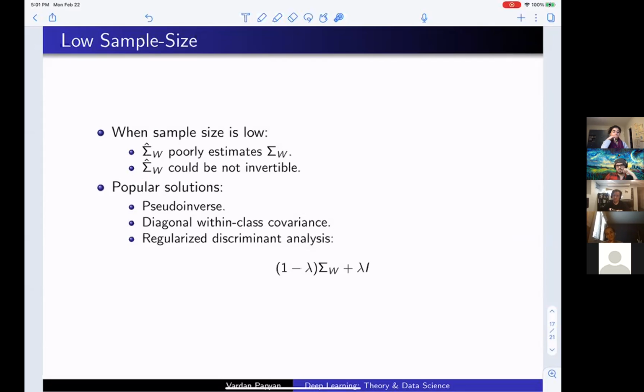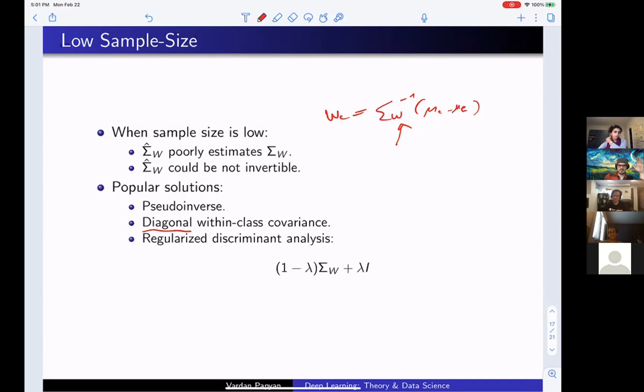So what people do in practice is they replace the inverse in sigma W minus 1, times μc minus μg, with a pseudo inverse. I hope some people know what a pseudo inverse is. If you don't, it's okay, forget about it. Or you can replace your within class covariance by a diagonal matrix. So you just take the diagonal.